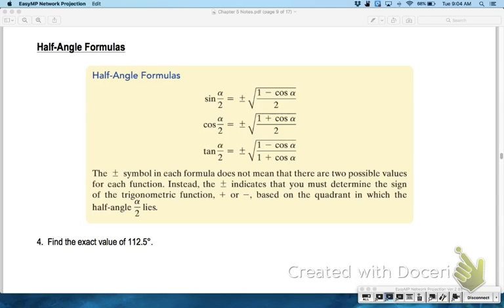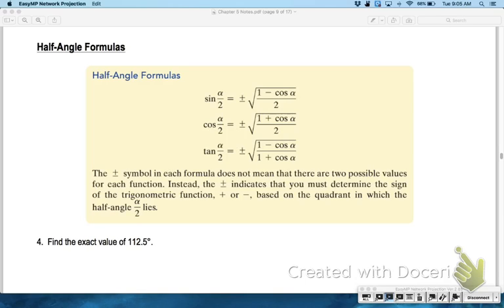Again, all of these formulas are just expanding the possibility of finding exact values for angles that maybe aren't directly on our unit circle, but they're going to get us where we need to go. So here are your three formulas. I'm not going to read them out loud because you can see them on your paper. But what is important to notice: we are used to getting that plus or minus in front of a square root, meaning there are two possible solutions.